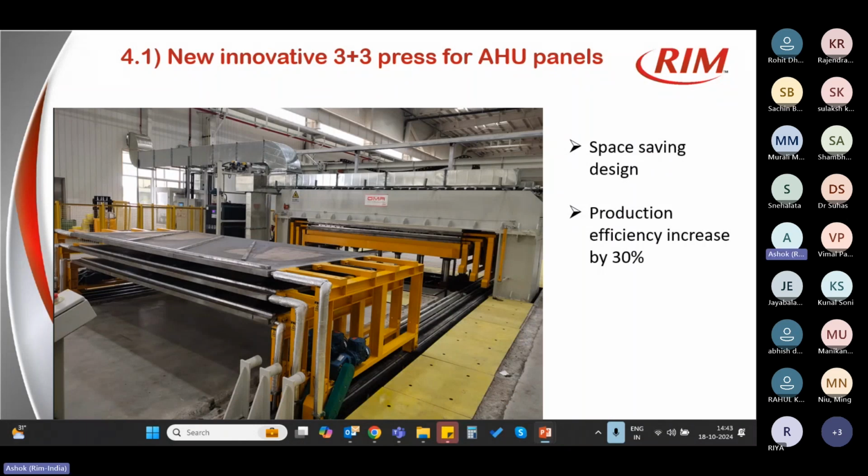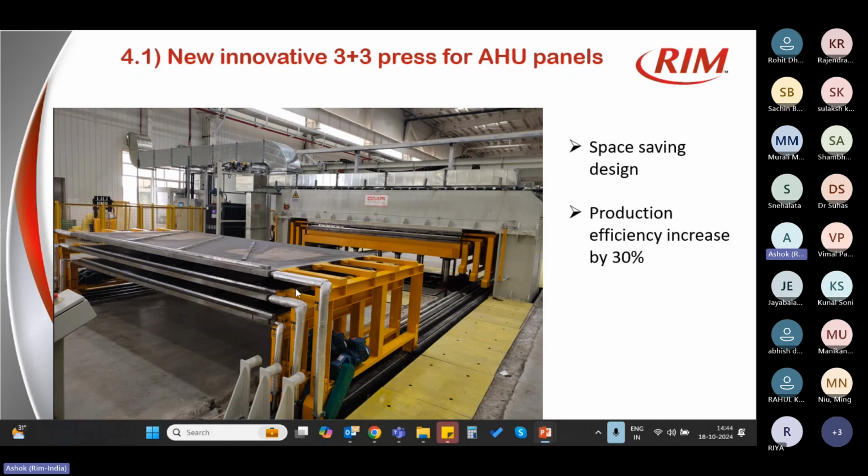Some innovations in discontinuous line. You can see here the 3+3 press is one of the innovative technologies. With this press, you can have some space saving because we are using vertical space. The production efficiency also increases by 30% because you get multiple platens.